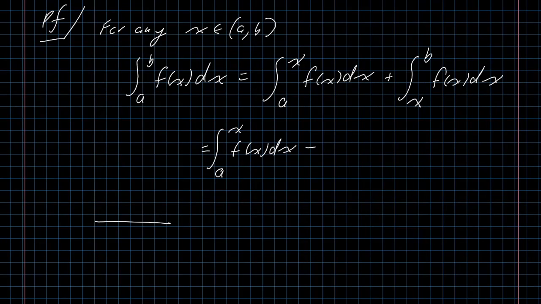So instead of going from left to right and calling that a positive area, going from right to left, we're going to call that a negative area. And I can use that to rewrite my limits of integration. Instead of from x to b, it's going to be the integral from b to x of f of x dx.